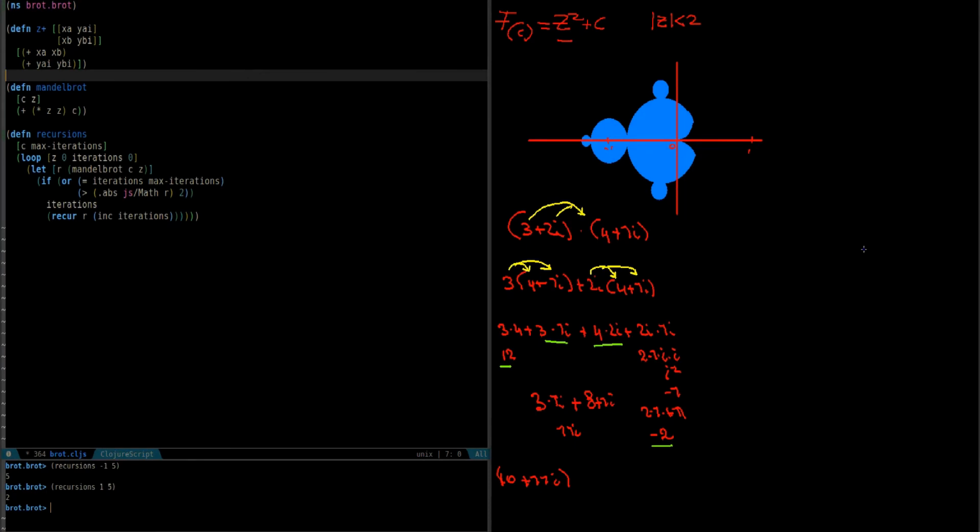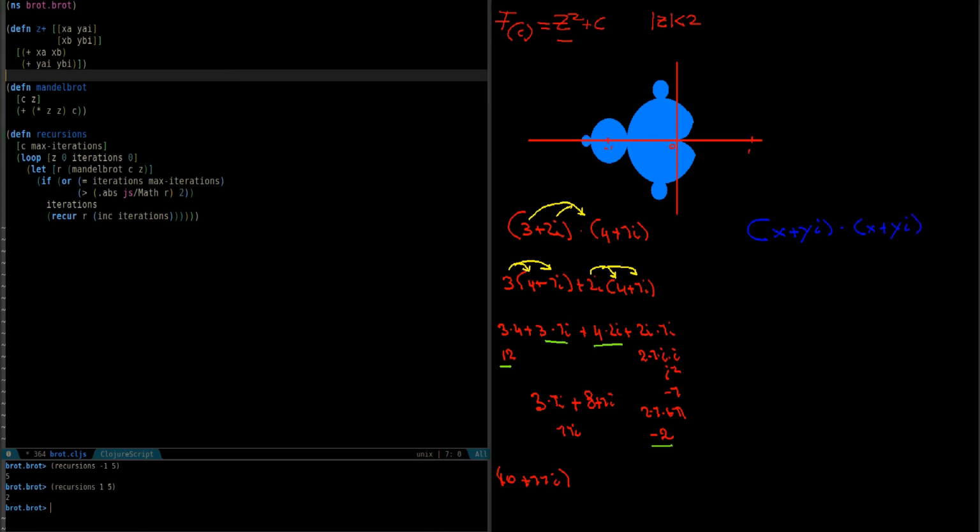To implement it in Clojure, let's substitute the numbers with variables again. And remember, we just need the square of z, not a product. So that gives us x plus yi times x plus yi, times itself.